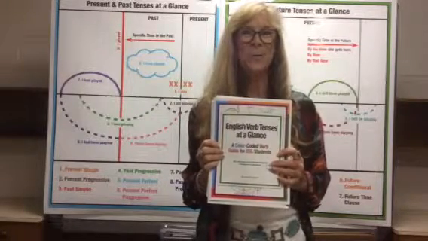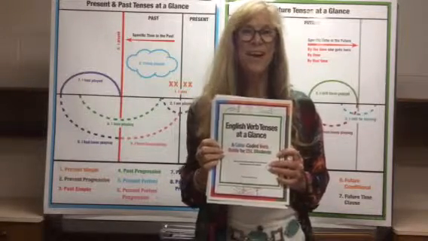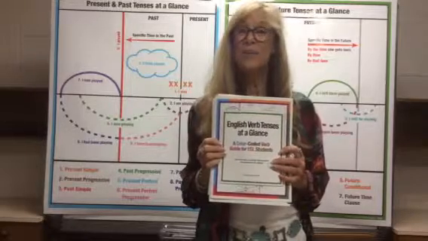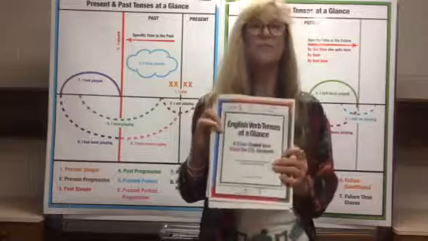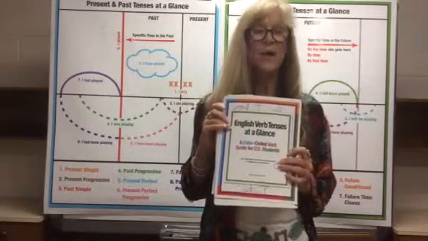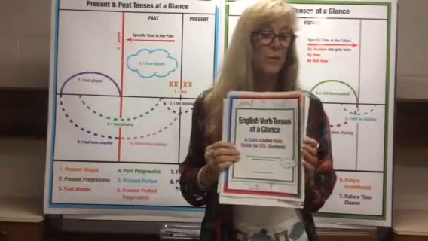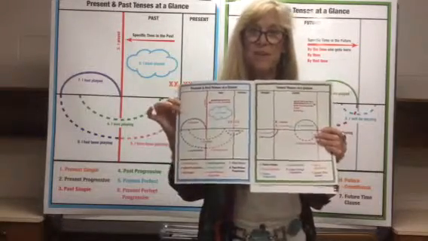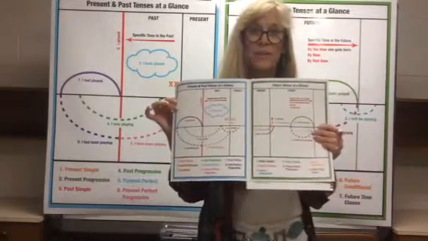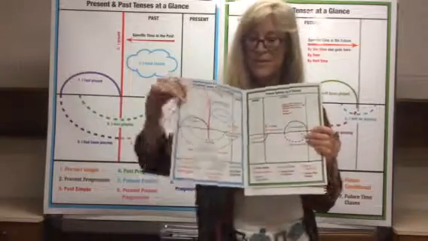I'm Randy Whistler Mitchell. I'm going to explain the charts that go with my new book called English Verb Tenses at a Glance. You can order fold-out charts for students that have all the past tenses, present tenses, and future tenses.